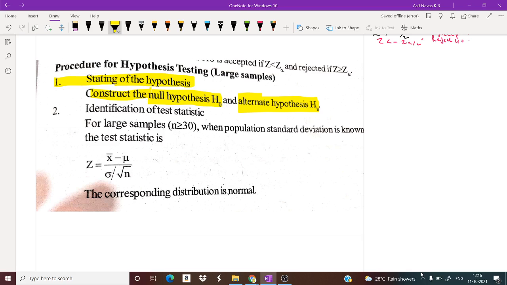Now we have to identify the test statistic, that is Z. If sample size n is very large, greater than 30, and standard deviation is known, then you can take z equal to x bar minus mu by sigma by root n. And also if n is very large and standard deviation is unknown, then you can take z equal to x bar minus mu by s by root n. This is the sample standard deviation.